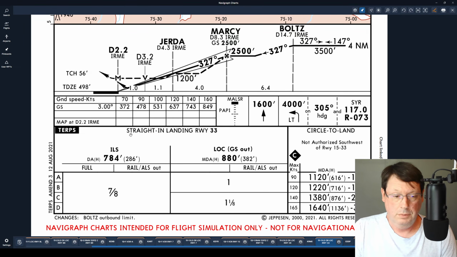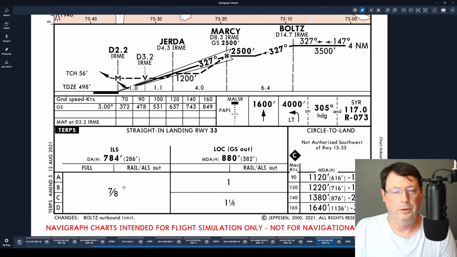Now, here's a question. Would I fly this approach to 784 feet? No. I would fly this approach at most to 800 feet because there is no 84 foot marker on your altimeter, number one.